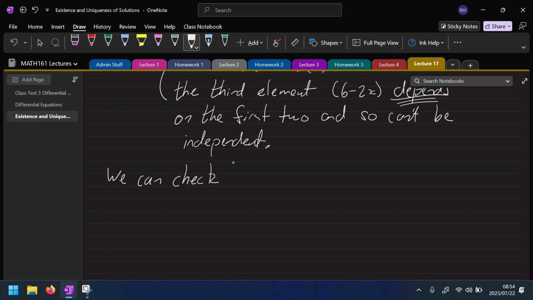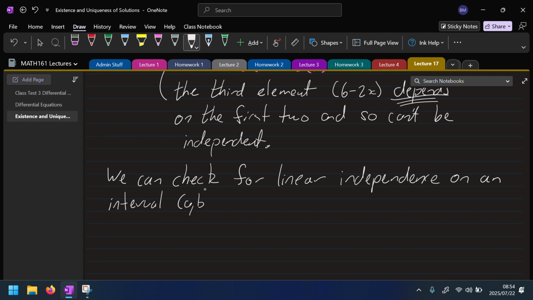So we can check for linear independence on an interval AB. I didn't specify this for the previous examples, but when you're checking linear independence of functions, you need to specify some interval.